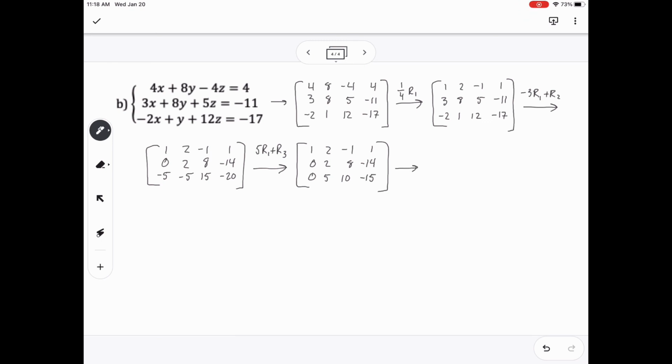Then for the second row, second column, I want a 1, so I'll multiply the second row by 1/2. Luckily, all those values are even, so I don't have any fractions here. Then I will multiply the second row by negative 5 to get rid of the 5 in the third row.